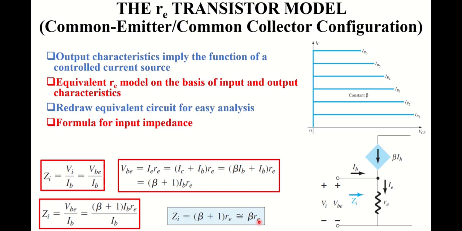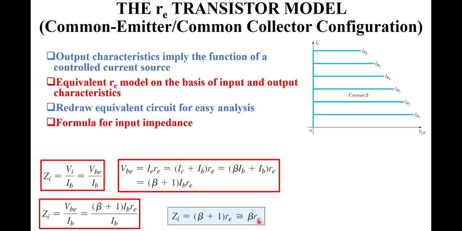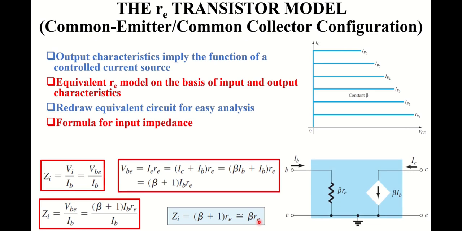After performing these simplification steps, finally we get the most simplified RE model of the common emitter configuration for performing the AC analysis. The improved BJT equivalent circuit looks like the one shown in this diagram. It has only two components, including a resistor at the input side and a constant current source at the output side.